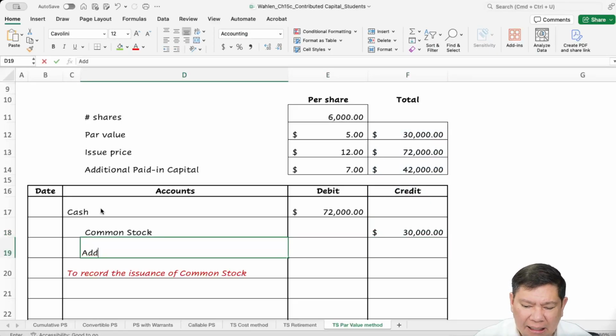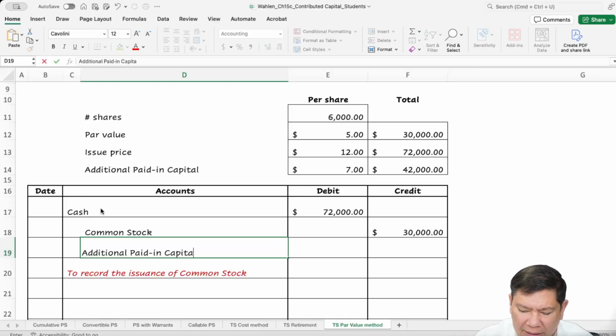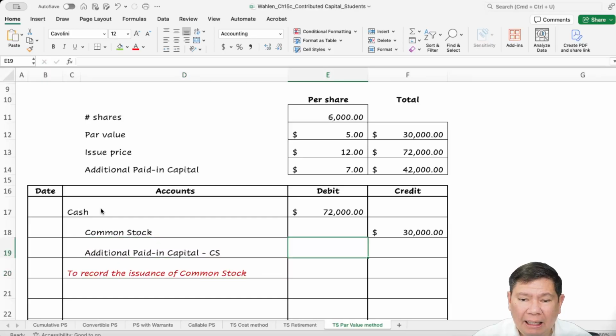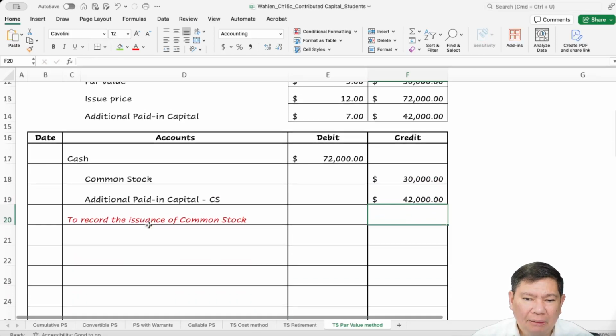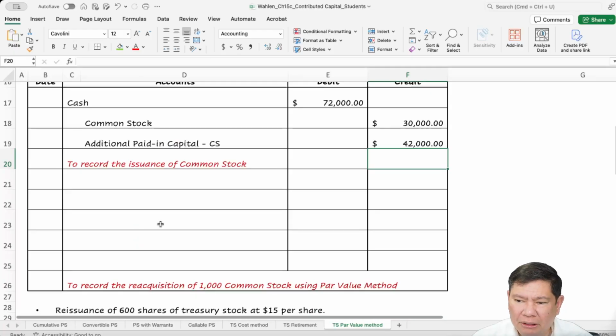And the additional paid-in capital from common stock is $42,000. Okay, that's the journal entry for the issuance of the common stock.